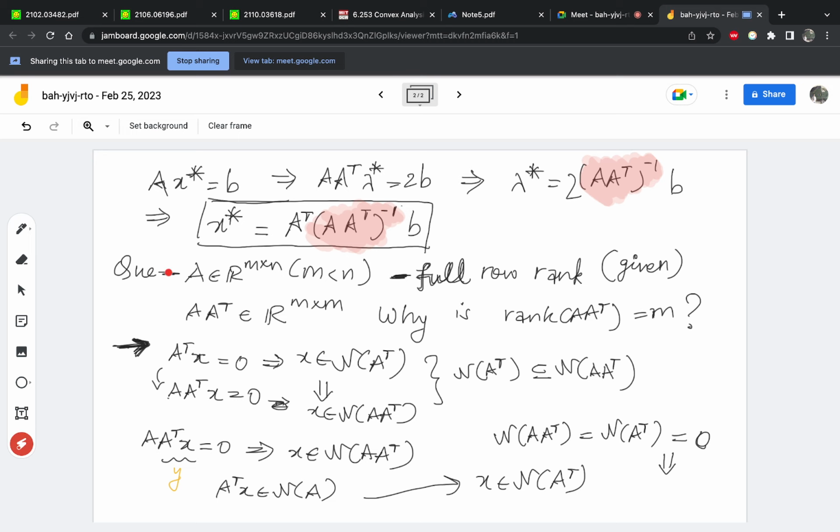A will be full column rank, right? So it's going to have a trivial null space. So that's why we can say that the rank of A transpose A is M. Okay.